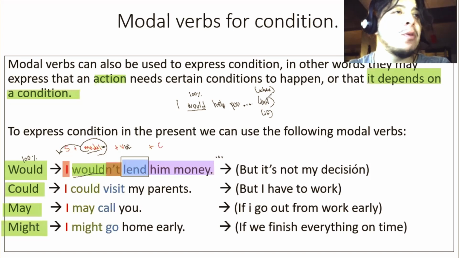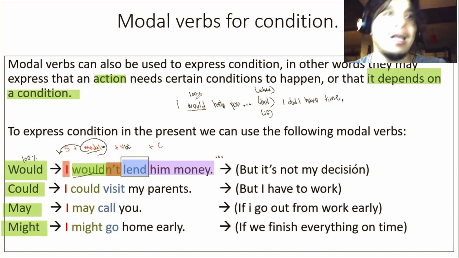I will help you, but I don't have time. Okay, so I will help you 100%. I have decided it. I will do it. But there is one problem. I don't have time. I will help you if you pay me.